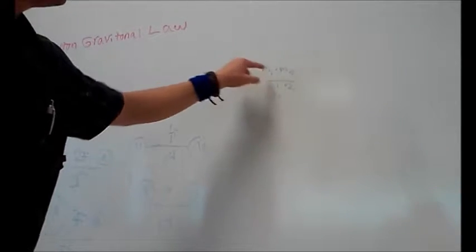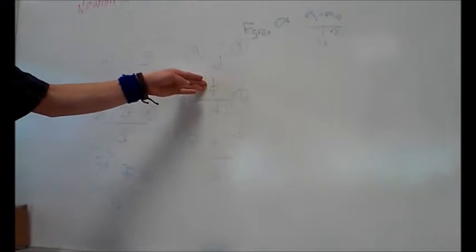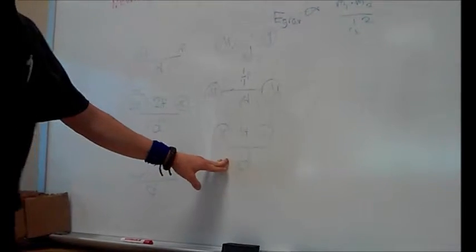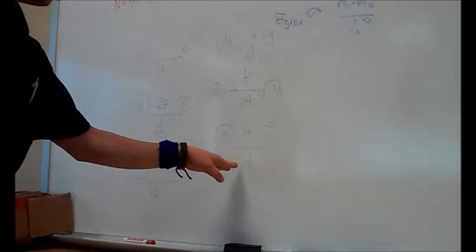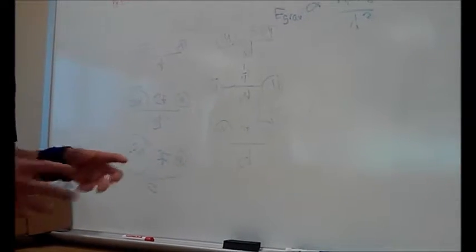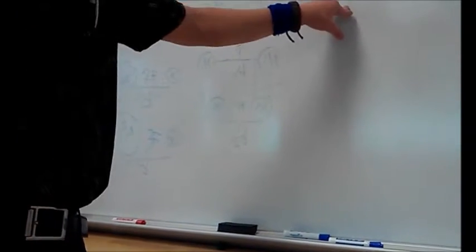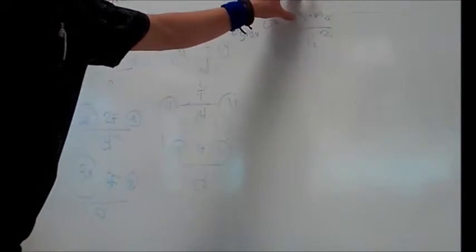Leave the rest as 1 over 4, and there's your 1/4. However, let's say we were to decrease the distance to one another, so the distance was half. If we put 1/2 into the bottom part of the equation and then square it, we would get 0.25. 1 divided by 0.25 gives you your 4.